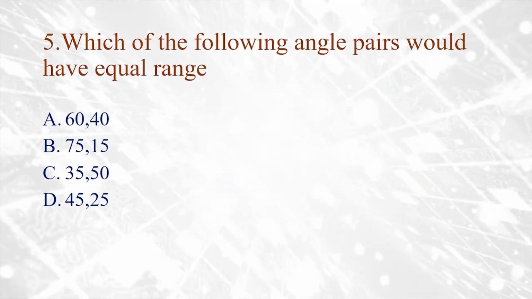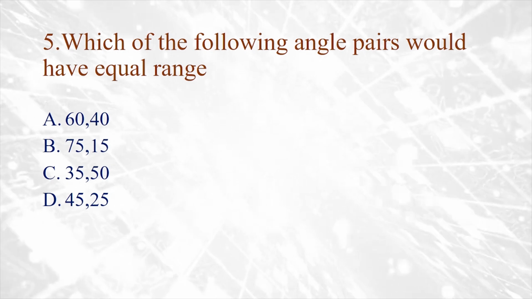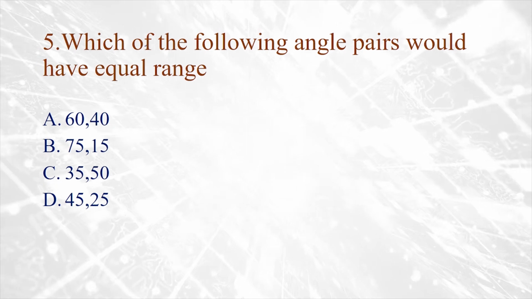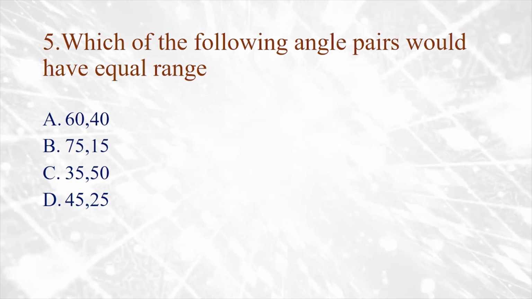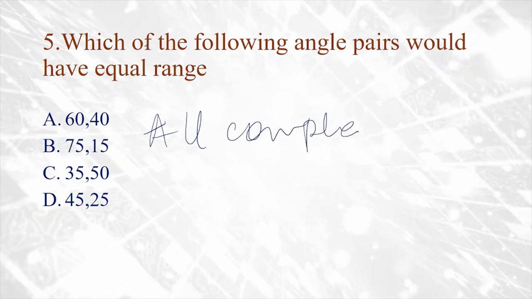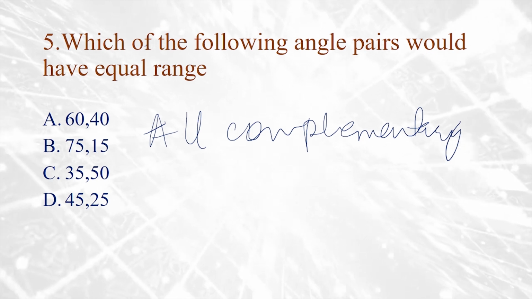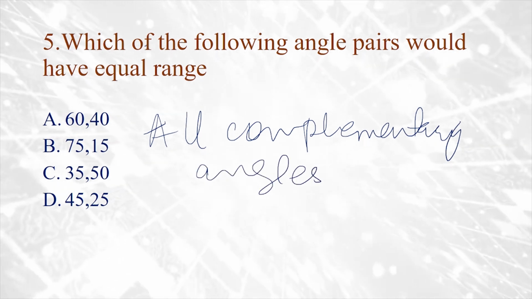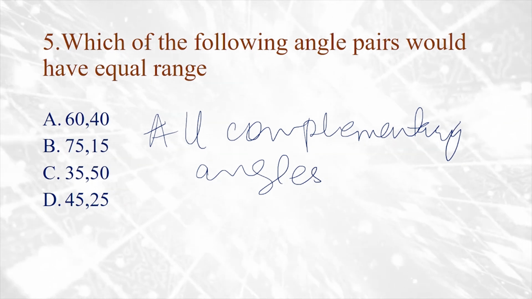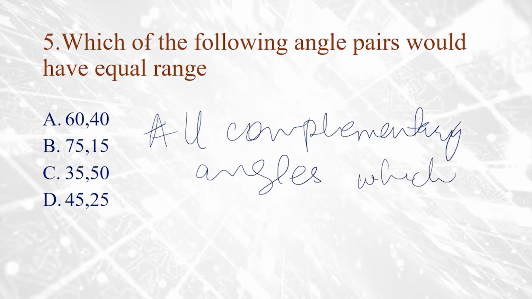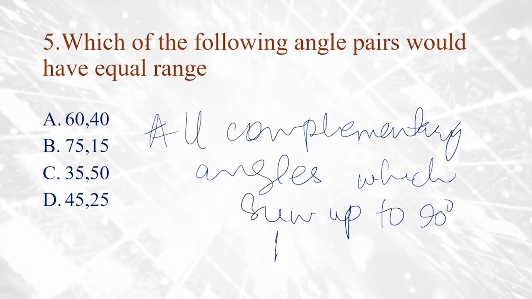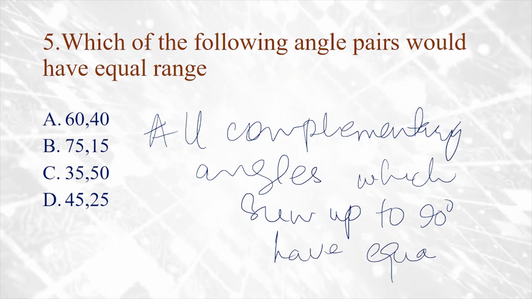MCQ number 5. Which of the following angle pairs would have equal range? So you must have studied that all complementary angles, which sum up to 90 degrees, have equal range.